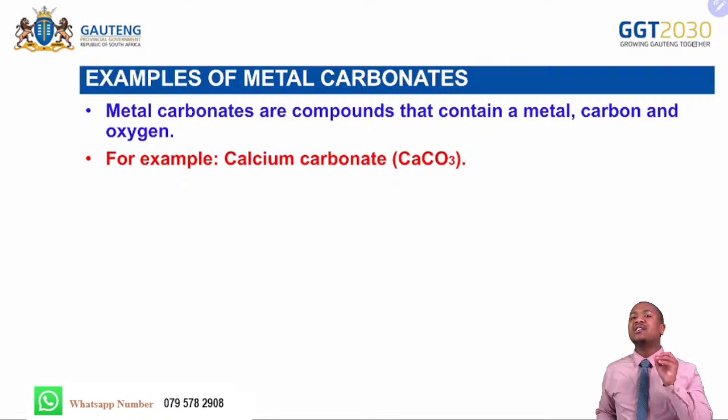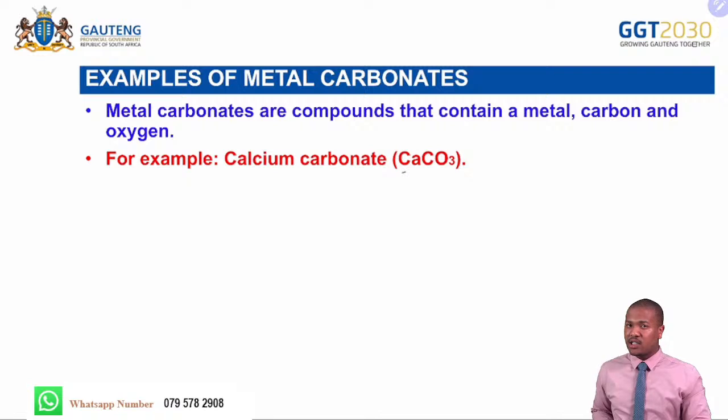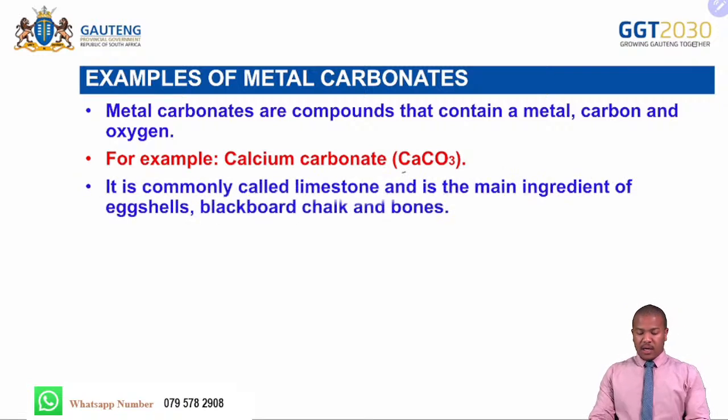So calcium is an example of a metal, which has bonded together with a carbonate molecule to form calcium carbonate with a symbol of CaCO3. Calcium carbonate is commonly called limestone, and it is the main ingredient for eggshells, blackboard chalk, and bones.